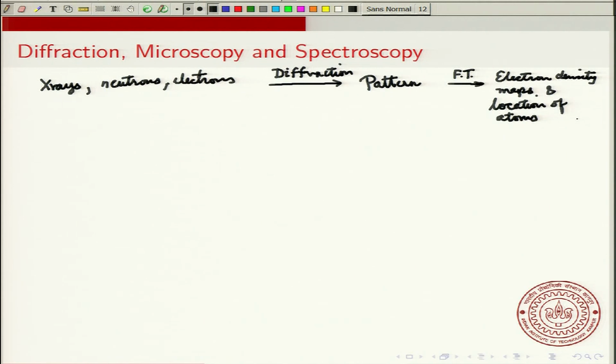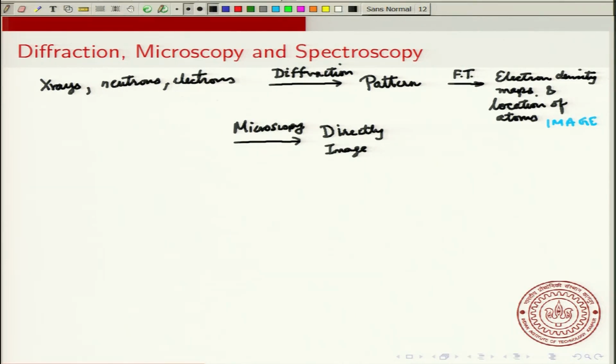Now, in microscopy, you directly image. This in some sense is the final image, unlike in X-ray diffraction where you get a pattern.